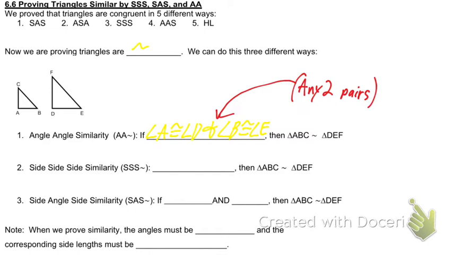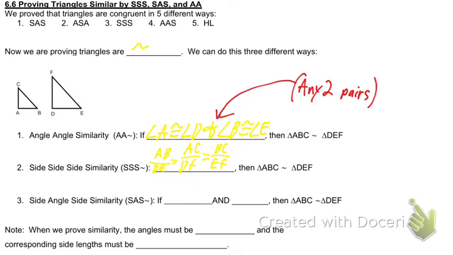So for side, side, side, are we going to say that corresponding sides have to be congruent for this to work? No, we're going to say that corresponding sides have to have equal ratios. So let's say the ratio of AB over DE is equal to the ratio of segment AC over segment DF is equal to the ratio of segment BC over segment EF.